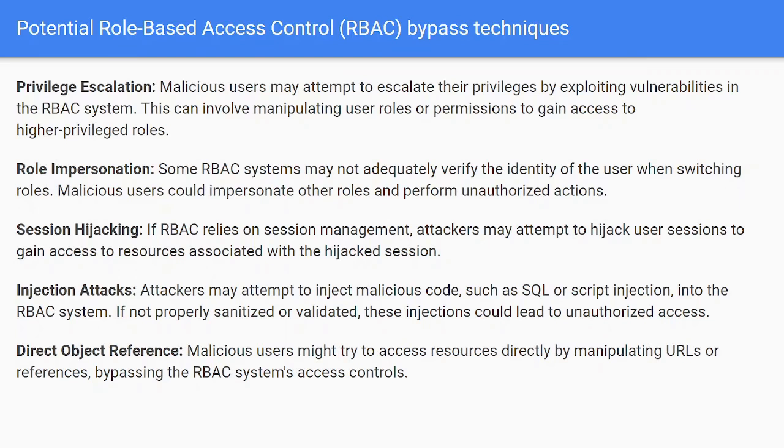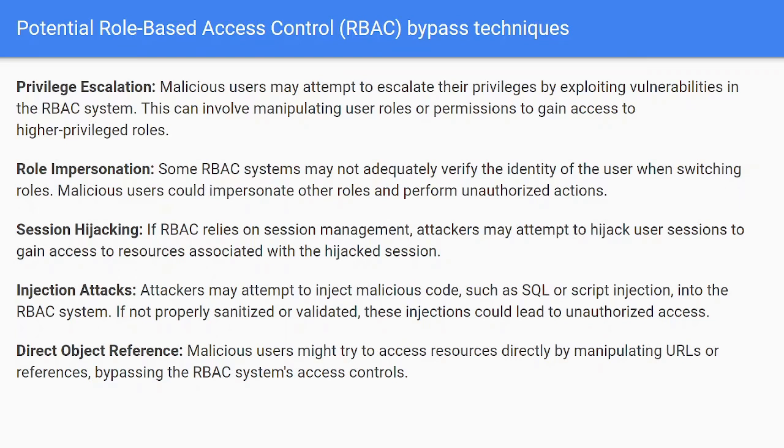And the next one is role impersonation. Some role-based access control systems may not adequately verify the identity of the user when switching roles. A malicious user can impersonate other roles and perform unauthorized actions.